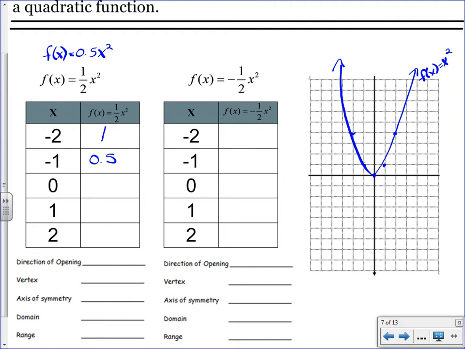Sorry, guys. -2 squared gives you 4. Half of 4 is 2. Ben's still good because f at -1, so -1 squared gives you 1. Half of 1 is 0.5. Kevin, what do I get for f at 0? Austin? f at 1. Robbie, f at 2 is 2. So let's plot that graph.